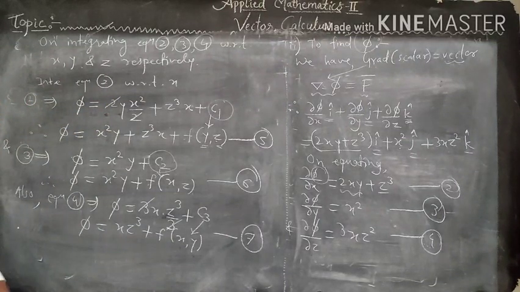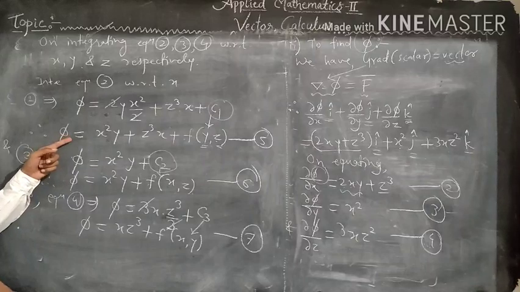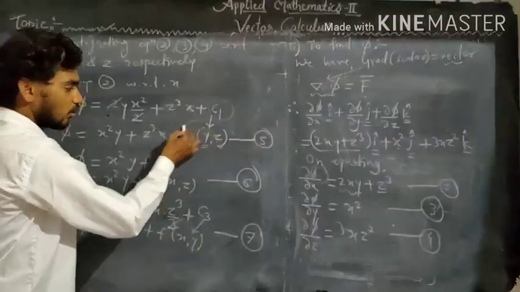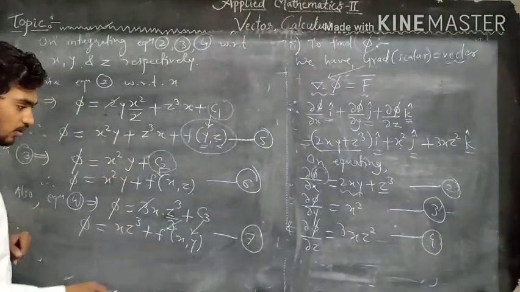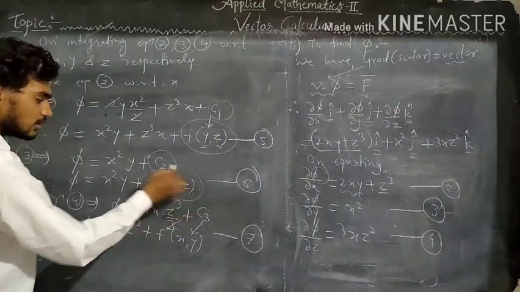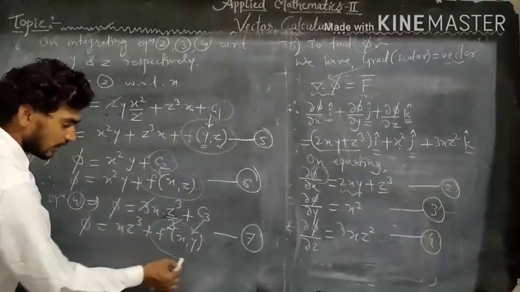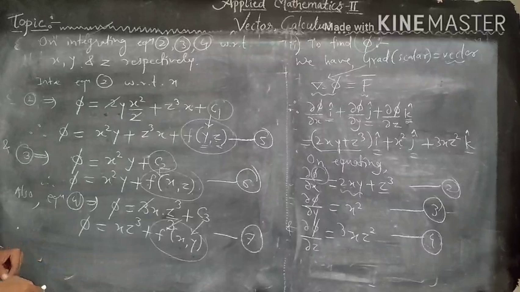Now in order to find the complete solution scalar potential phi, we have to find constant f of y comma z, constant f of x comma z and constant f of x comma y. So let's see how to find this constant.